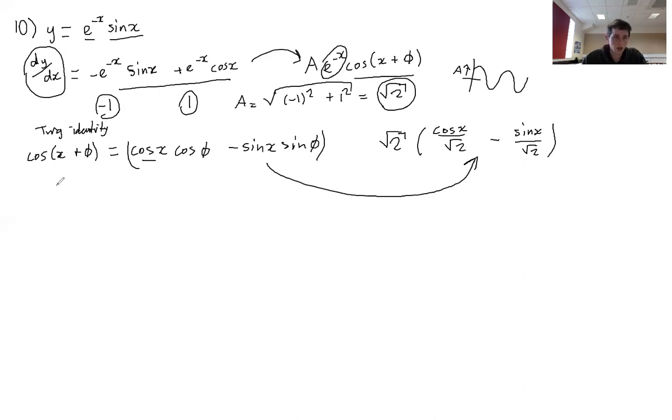So in fact, cosine phi is going to be 1 on root 2. And following the same logic, we have a negative sine x term here, and a negative sine x term over here. But we also have a sine phi multiplying this negative sine x term, and the sine x term is being multiplied by 1 on root 2. So sine phi is equal to 1 on root 2.